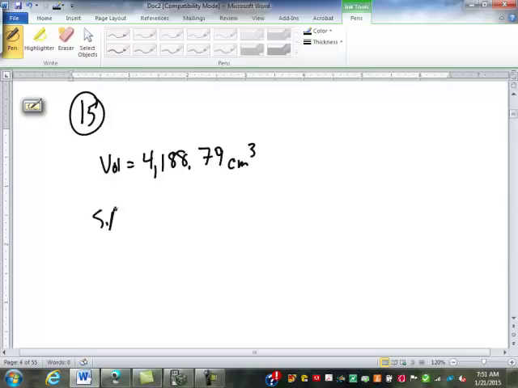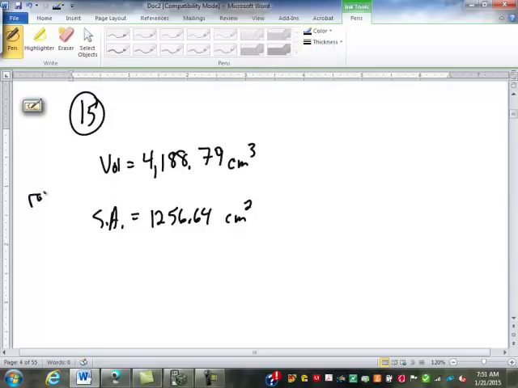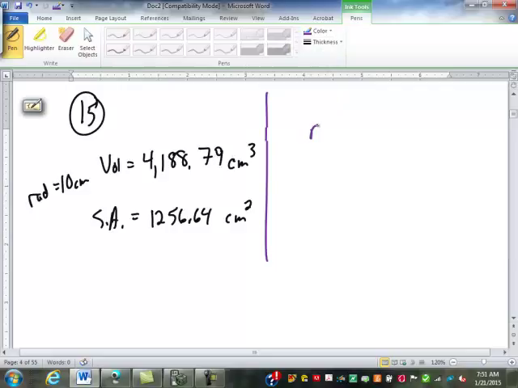Surface area 1,256.64 centimeters squared. Find the surface area of a sphere. See, this has a radius of 10. Gotta put that in there, that helps. What would be the surface area of a sphere with a radius of 2 centimeters?